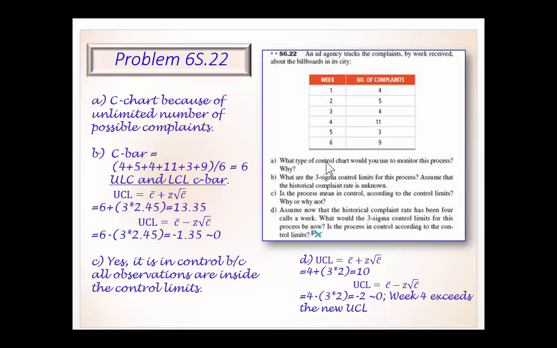That's what allows us to just take the square root of the mean. If we didn't have this lovely Poisson distribution, we wouldn't be able to do this. We would have to do it a different way. So we use it for unlimited defects, and we compute it in a relatively simple way.